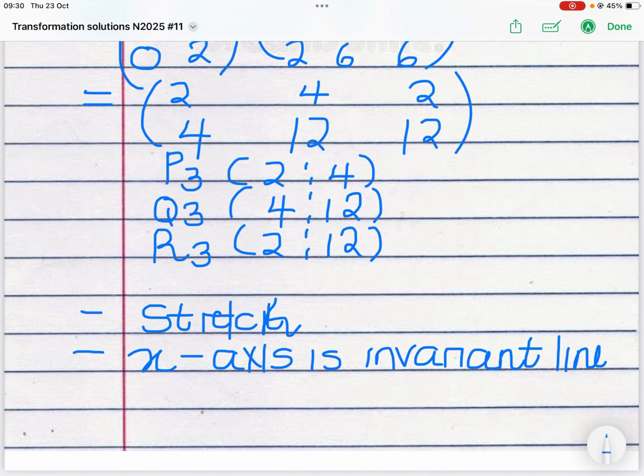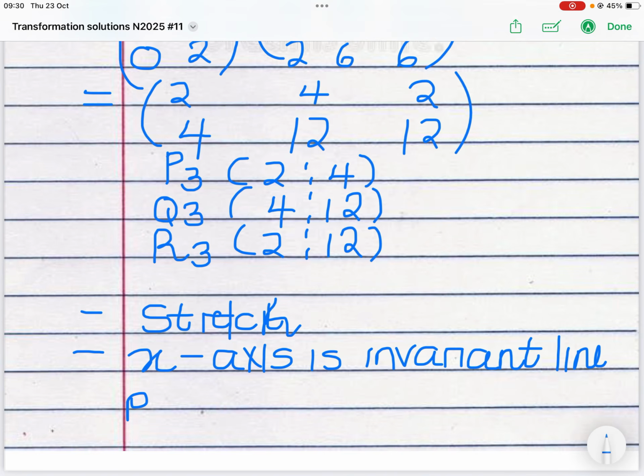Why are we saying so? If we check the coordinates of the image and the coordinates of the object, their x values are not changing. What is changing is the y values. So we describe that the x-axis is the invariant line.